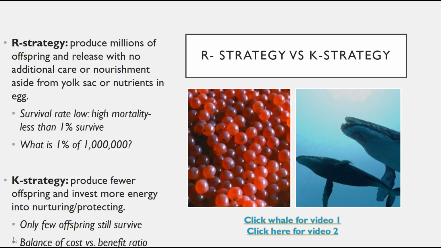The key is that the care doesn't exist after fertilization. So with this, after fertilization, the survival rate is extremely low. Less than 1% of the offspring survive to adulthood, we're talking about.